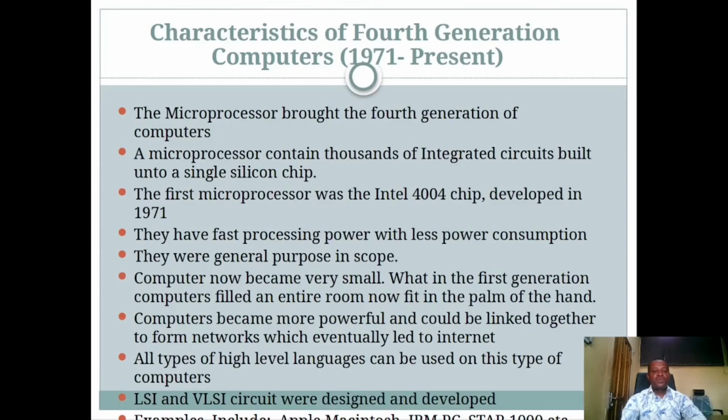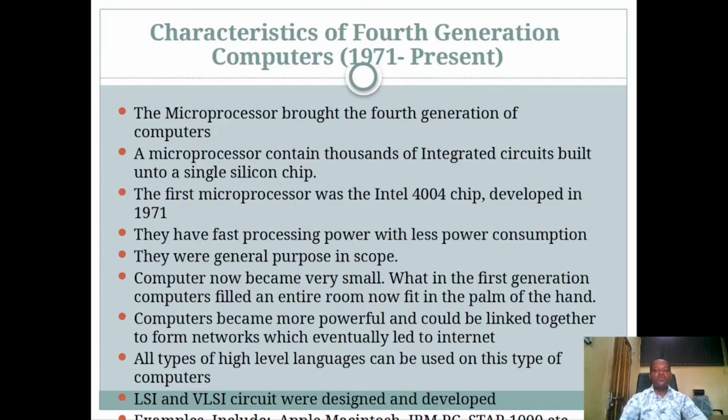So these types of circuits were designed and developed during fourth generation computers. Examples of fourth generation computers include Apple Macintosh, IBM PC, Star 1000, etc. So these are a few examples of fourth generation computers.